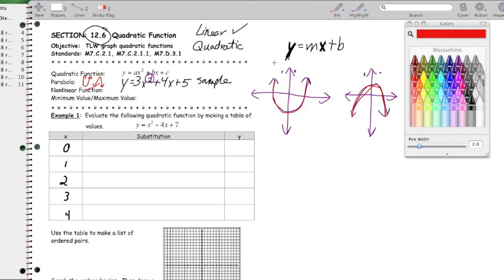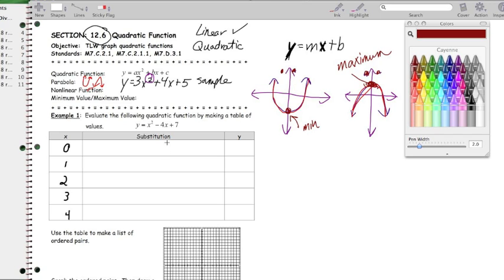It's not straight. And each of these parabolas is going to have either a maximum or a minimum. If it's a happy face, as we see here, this is going to have a minimum. It's the lowest point on the graph. So this has a minimum. If we have a sad face, then that point at the very top, that's our maximum.